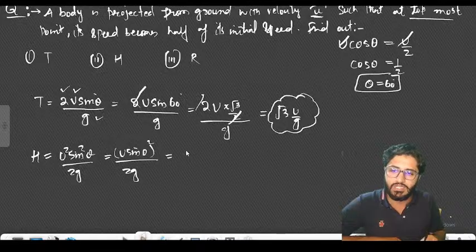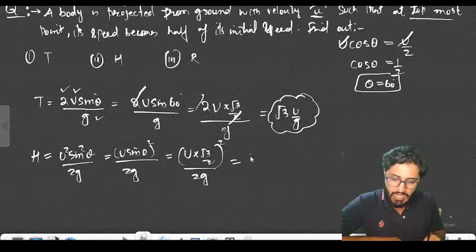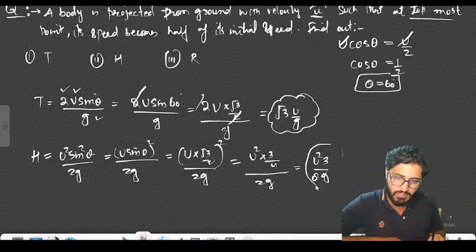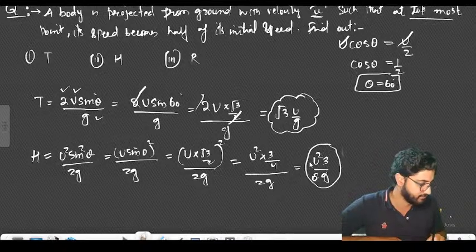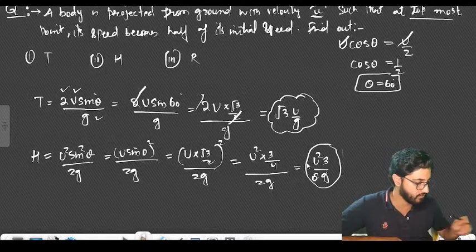Here u is u, sine theta is root 3 by 2, whole square, divided by 2g. I have u square into 3 by 4, whole divided by 2g. So my answer came out to be 3u square divided by 8g. This one is my answer.